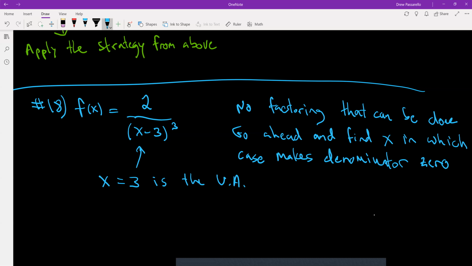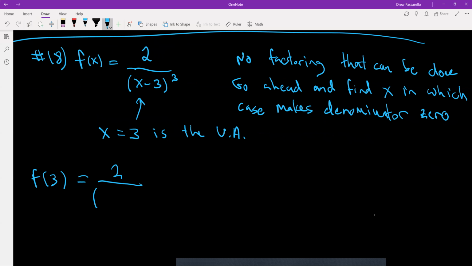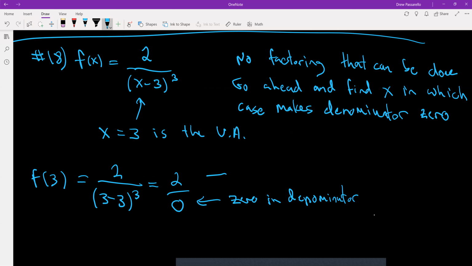If you plugged in 3, that's 2 divided by (3 minus 3) cubed. That's 2 over 0. And notice I have 0 in the denominator, but I don't have 0 in the numerator.